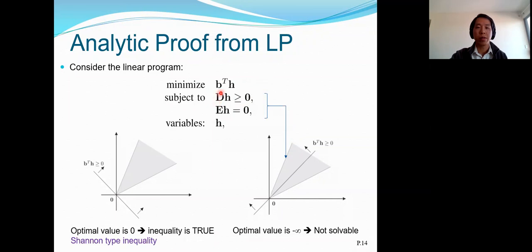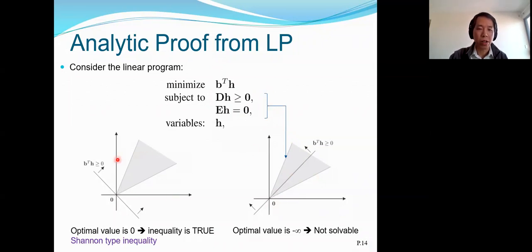Then the system will construct the matrix D for n random variables according to the 2 formulas for the elemental inequalities, and then construct the matrix E. In this picture, I use this gray cone to denote the constraints. The system wants to solve a linear program which minimizes this term subject to these constraints, and the gray area here is all the feasible points which satisfy the constraints.